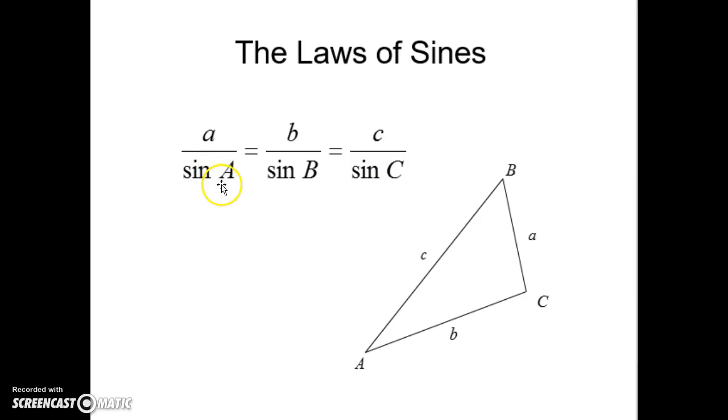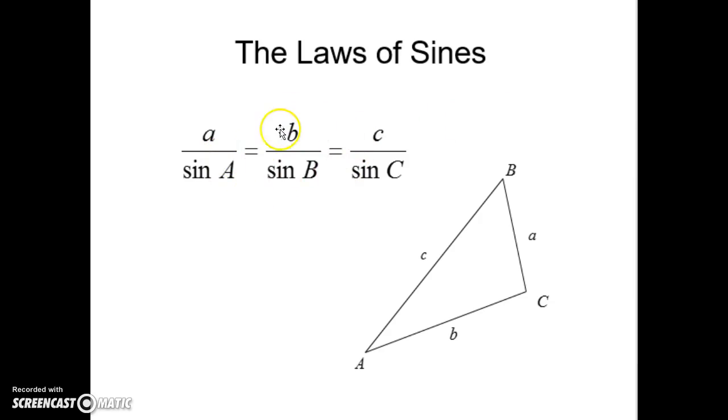So a over sine of A equals b over sine of B equals c over sine of C, where little a, little b, and little c are the side length measures in the triangle. And that helps us use some trigonometry, use the sine value on a triangle that's not a right triangle. It's the only non-right triangle work that we can do in trigonometry. That's the law of sines, and then we'll see the law of cosines in the next lesson.